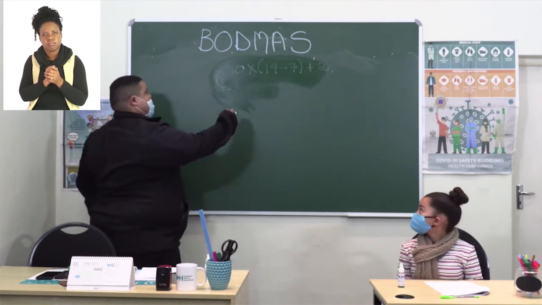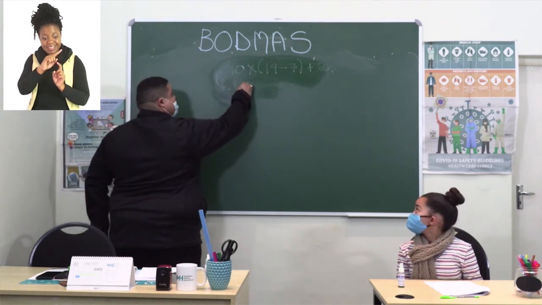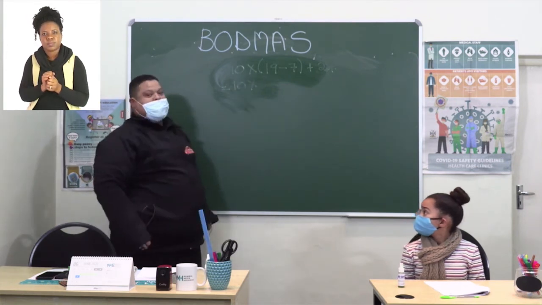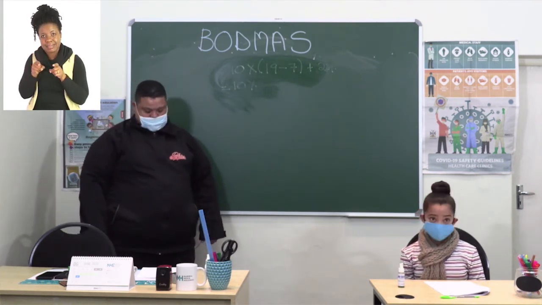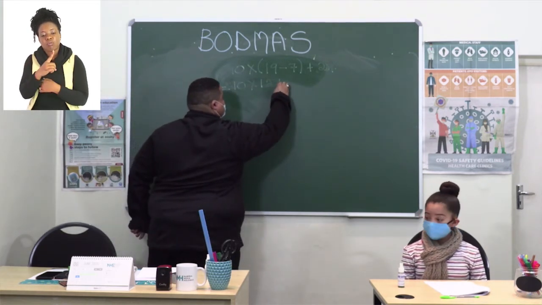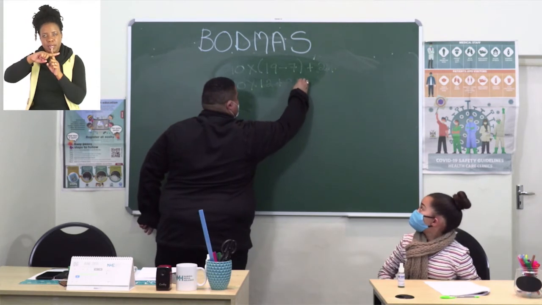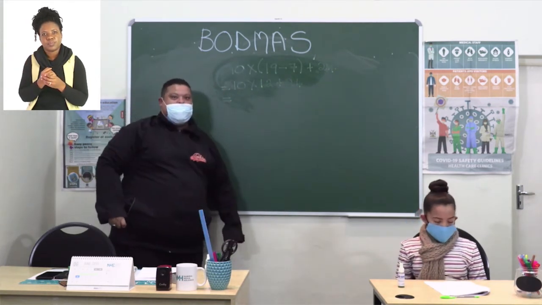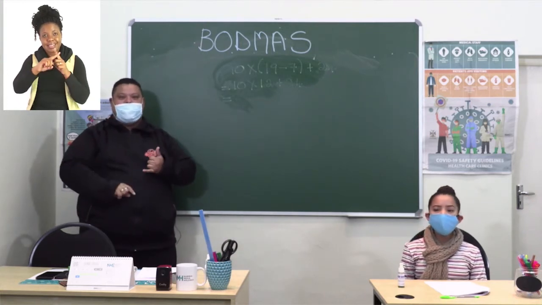So we're going to write equals 10, remember, don't change the order of the number, times, and 19 minus 7 equals 12, plus 24. Equals. Now we are done with the brackets.